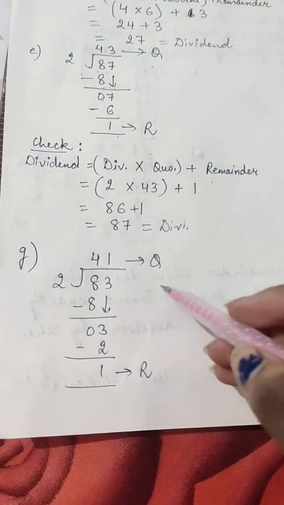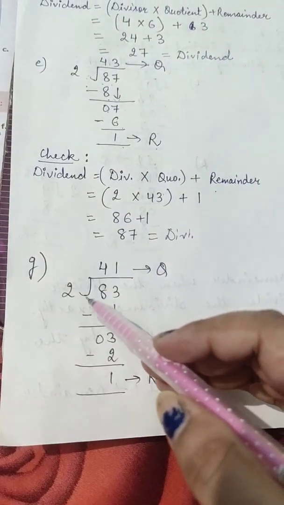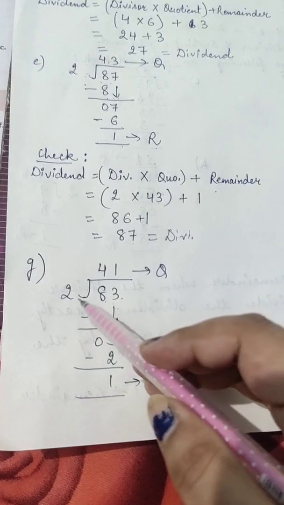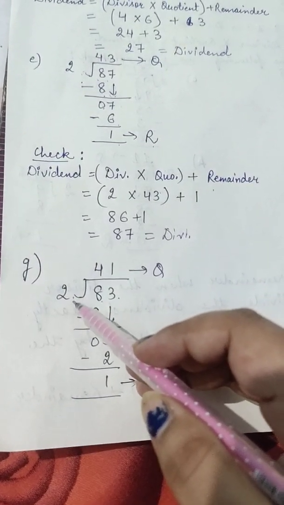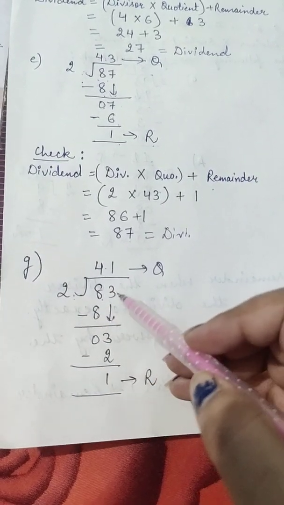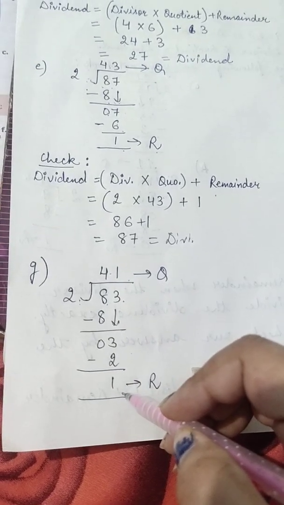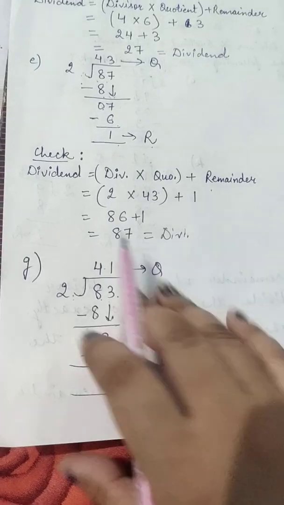Next G part, we have to divide 83 by 2. So 2 4s are 8 and 2 1s are 2. Remainder comes out to be 1 and quotient is 41.